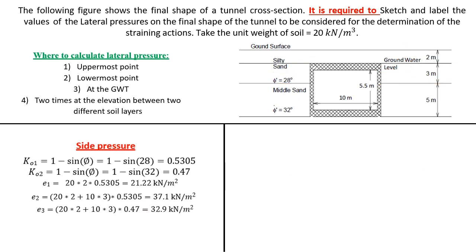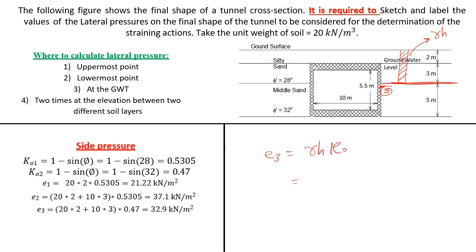For point number 3, again, this is the elevation which lies between two different soil layers, and point number 3 is just below it. So for point number 3, again, you have this own weight of soil. This will represent the value of gamma H, or the effective vertical stress. So for point number 3, gamma H by K0.